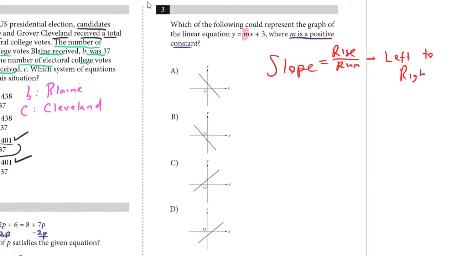So if m is positive, then we know that as the equation goes from left to right, it's on its way up, like answer choice C and like answer choice D. And we also know that the y-intercept, the b, because this is just your classic y equals mx plus b equation, and we're seeing that the b part of that is a positive number. So between C and D, the one that has a positive y-intercept is this one right here. It's hitting the y-axis at a positive spot, and that's why C is the answer for number 3.